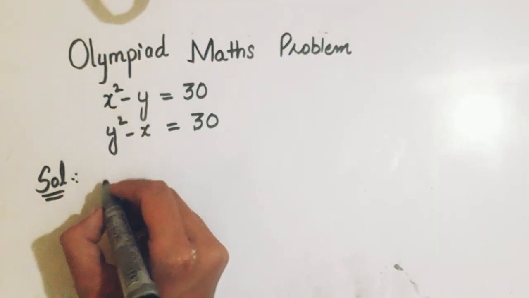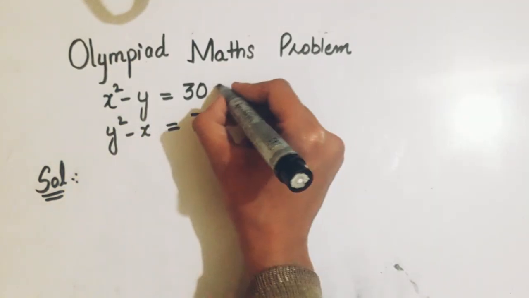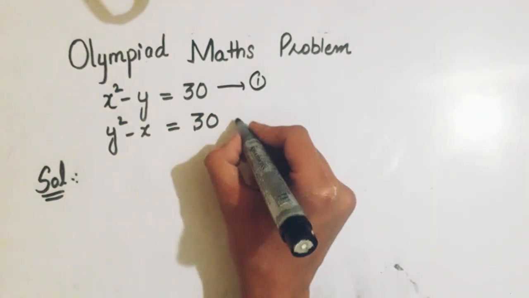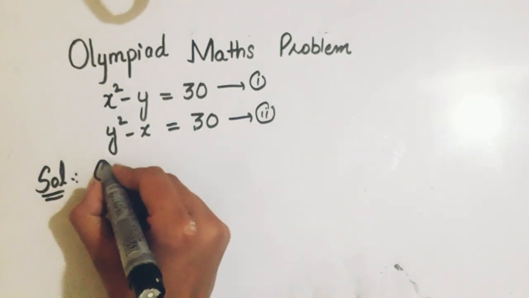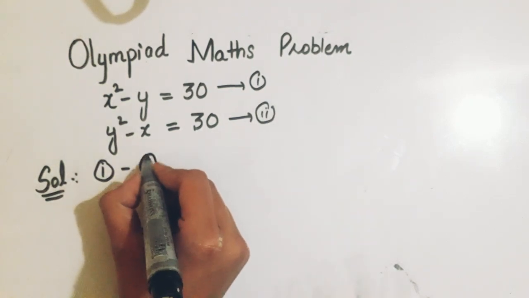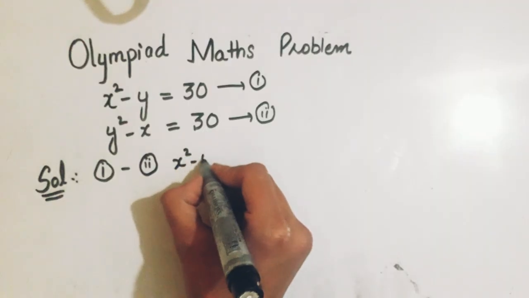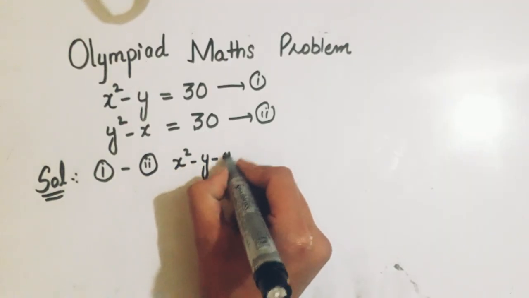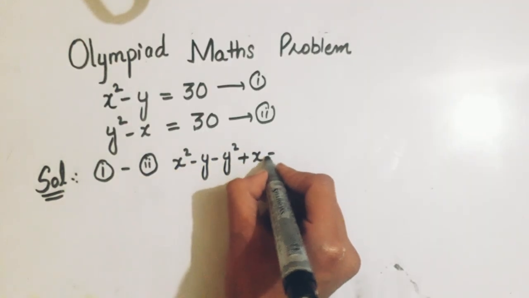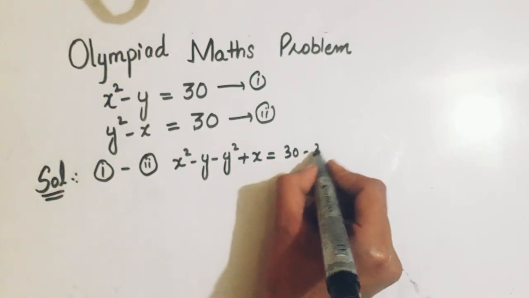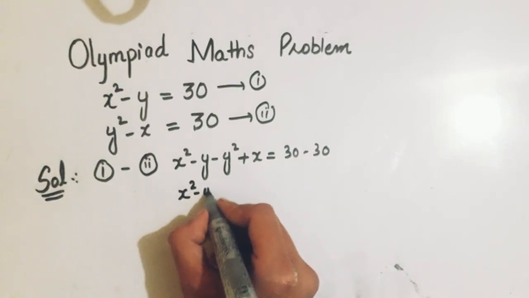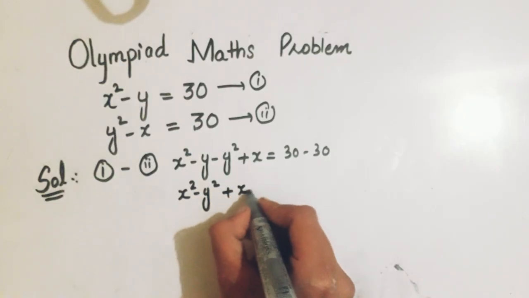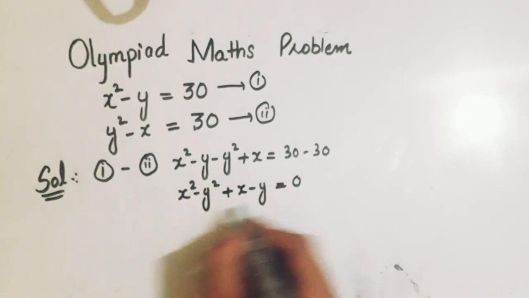In today's problem, consider this as equation 1 and this as equation 2. Now 1 minus 2 gives x square minus y square plus x equals 30 minus 30. So we get x square minus y square plus x minus y equals 0.